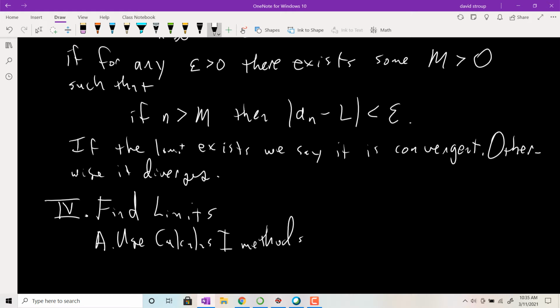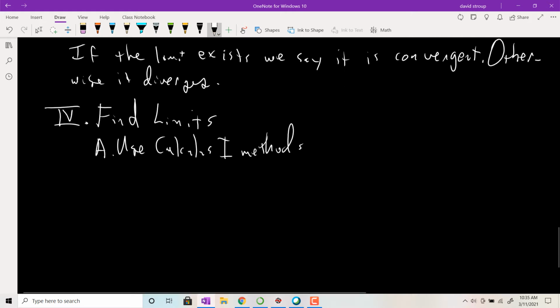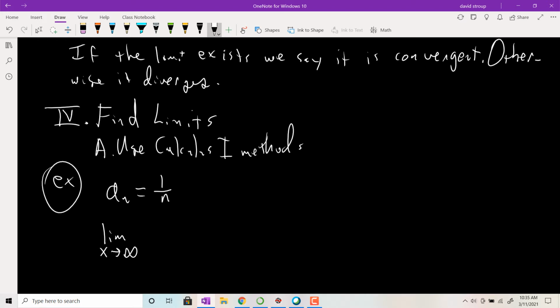So for example, maybe you have a sequence a sub n equals 1 over n. We can easily take the limit of that by noting the calculus version. The limit as x goes to infinity of 1 over x, we should all know, it's 1 over 10, 1 over 100, 1 over 1,000.